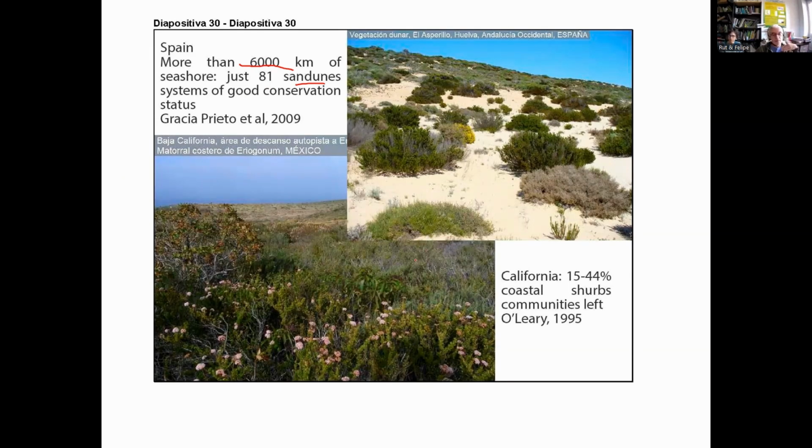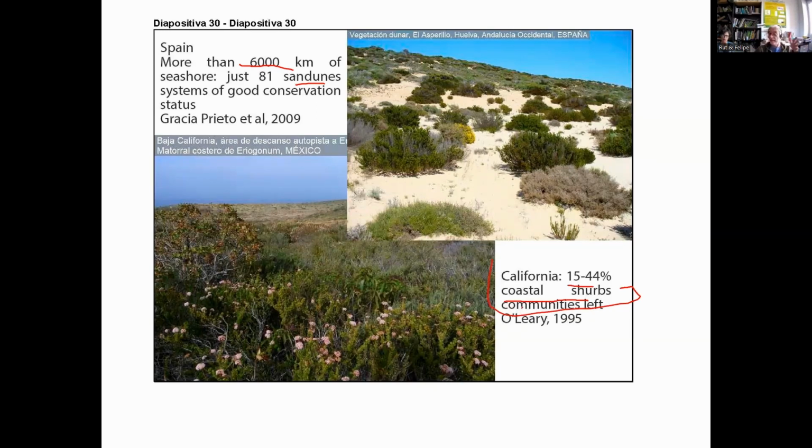And this is also happening in the whole Mediterranean biome, not only in the Mediterranean basin, but in any of them that you go. For example, in California, depending on who you talk to, they give you figures around 15 or 44% of the whole coastal shrub communities left.